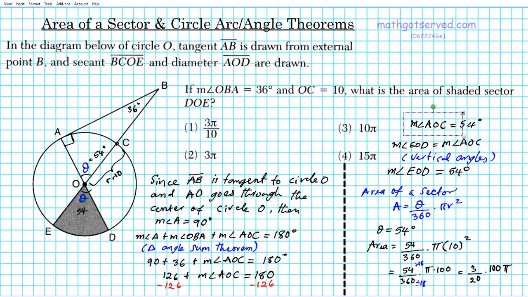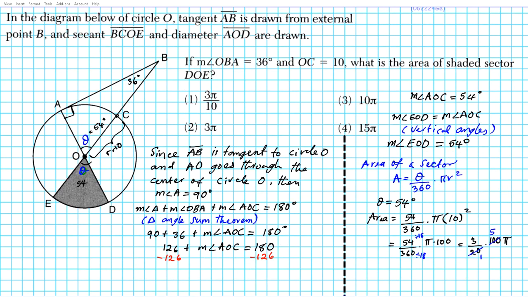Now we can divide by 20. 20 goes into 20 once, and 20 goes into 100 five times. Then 5 times pi times 3 will give us 15 pi. So our area of shaded sector DOE is going to be 15 pi square units. The answer is option number 4.